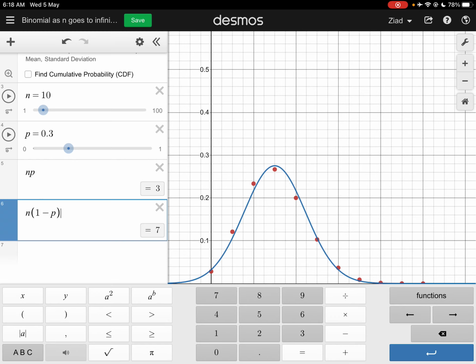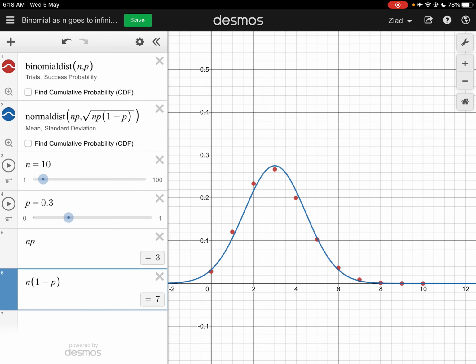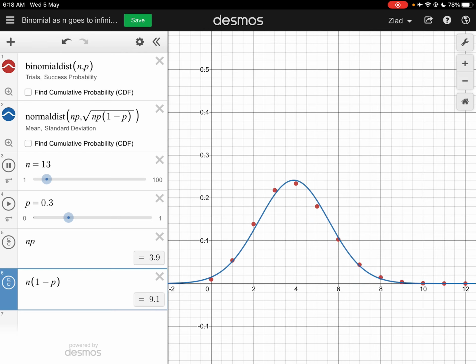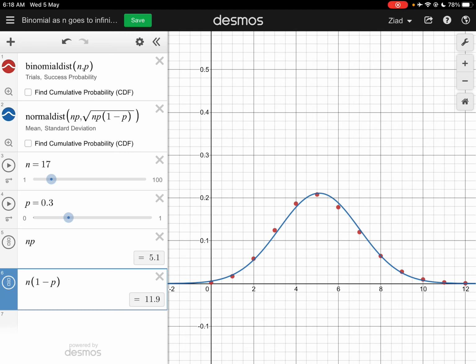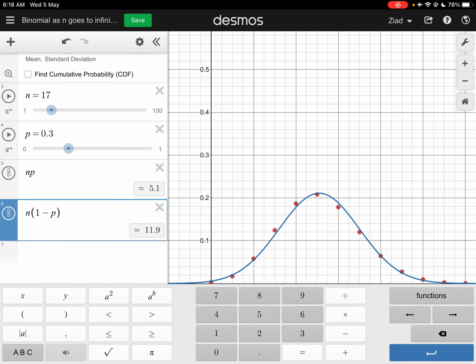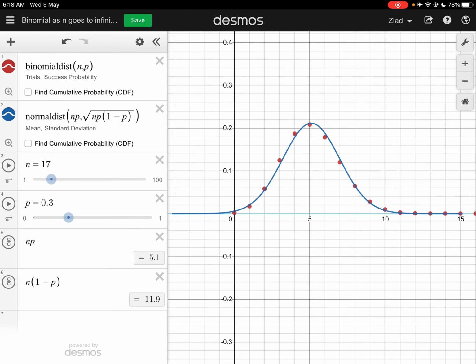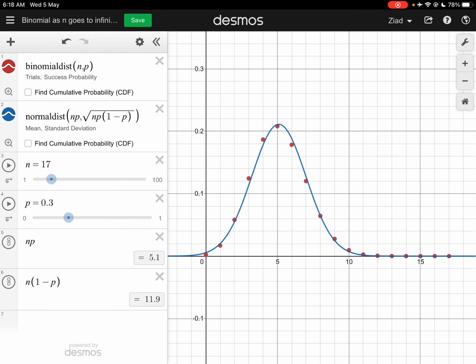So I'm going to play and increase n until we reach 5. And you watch np: 3.9, 4.2, 4.8, 5.1. So when n is 17, we reached that both of these are more than 5, and you can see that the approximation is very good.